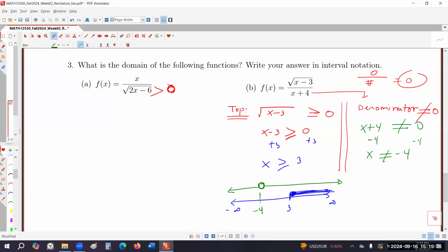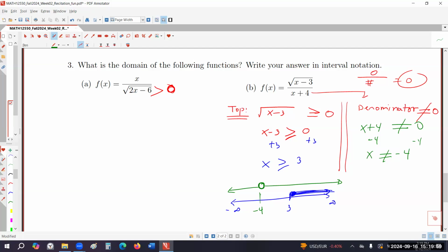See, this one starts from 3, everything above 3. Here, it is everything left and right except for negative 4, but both conditions are satisfied on this interval. It satisfies both conditions: bigger than or equal to 3 and also not negative 4. So we take where they intersect.